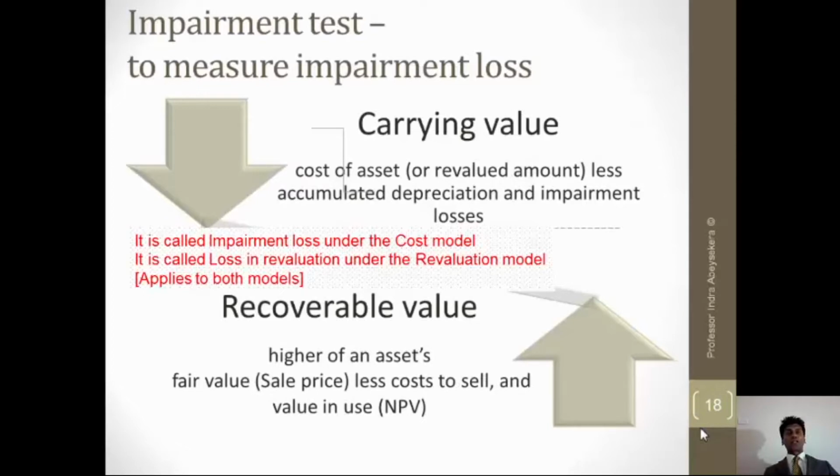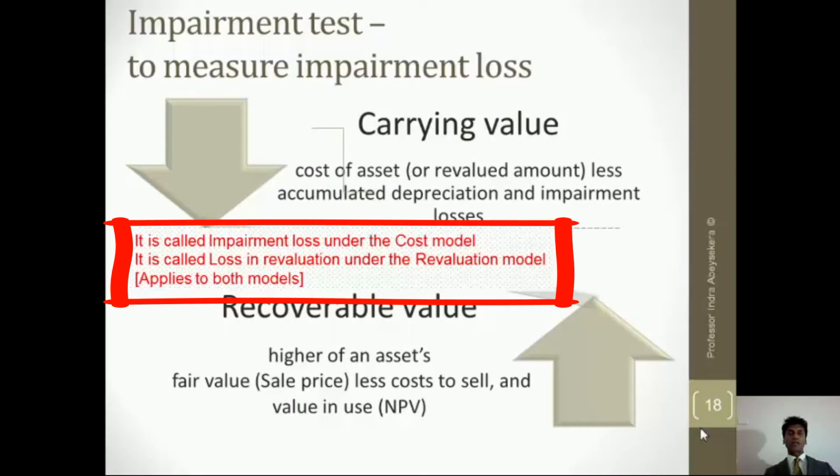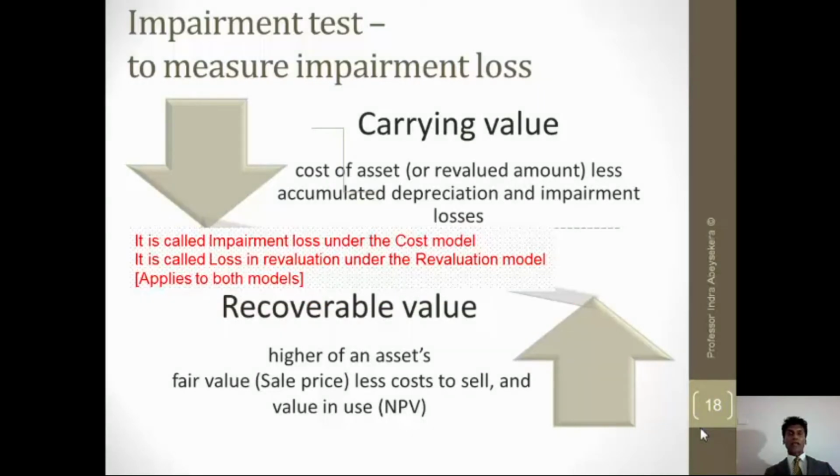To find out whether there's an impairment of an asset, that is a decrease in value due to drop in market value, we need to conduct an impairment test. Impairment test compares the carrying value of an asset with the recoverable value of the asset.